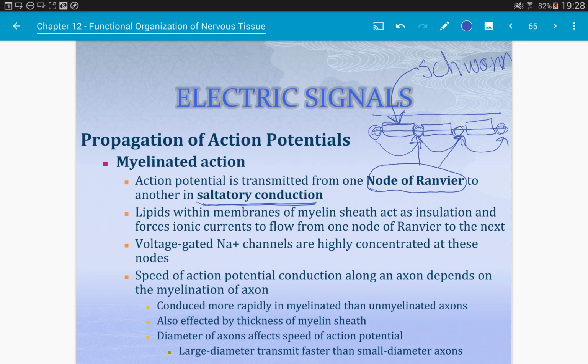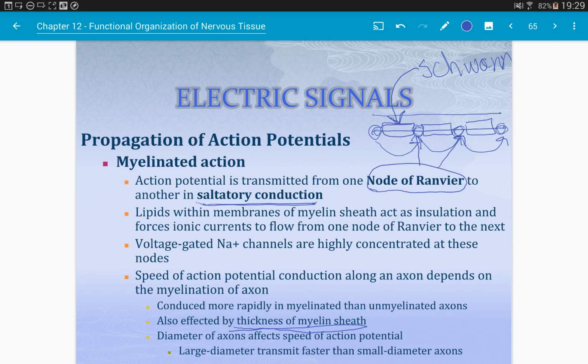Okay? And so let me see, make sure I didn't miss anything. Okay, so we already know that a myelinated axon is going to be able to propagate a signal faster than one that's not, but there are some other things that can influence the speed of the action potential. So right here, down at the bottom, the speed of the transmission is also affected by the thickness of the myelin.